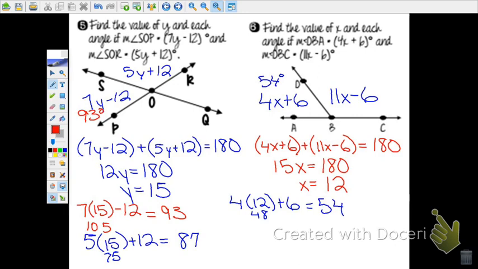And then 11 times 12 minus 6. 11 times 12 is 132. Minus 6 is 126. And again, I'm able to check my work, see that those two angles add together to equal 180.